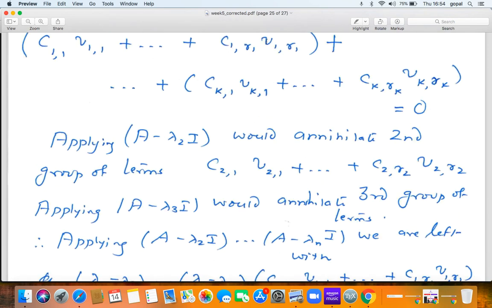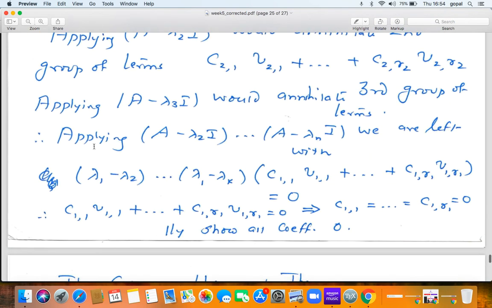That will be left out. But the lambdas are distinct. Lambda 1, lambda 2, lambda k are distinct. So that would mean c11 v11 plus dot dot dot plus c1 gamma 1 v1 gamma 1 is 0.